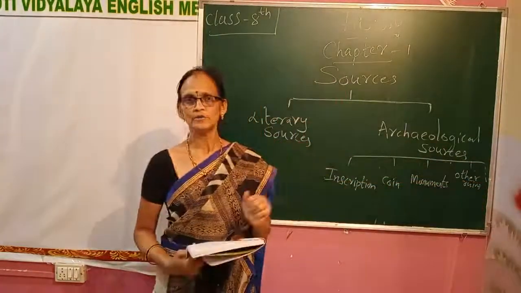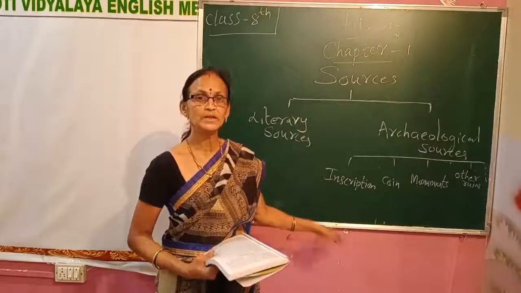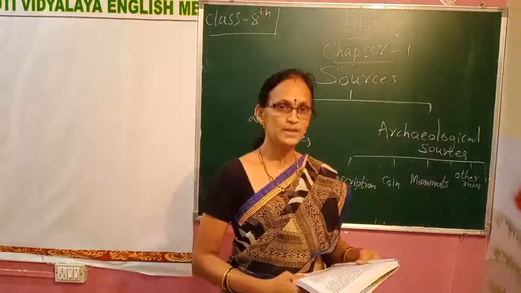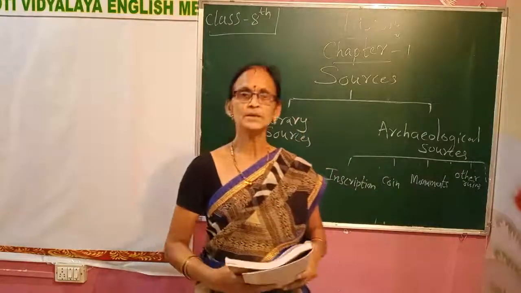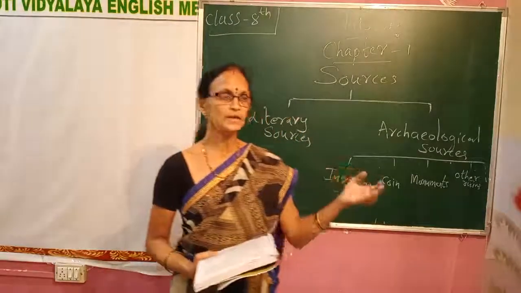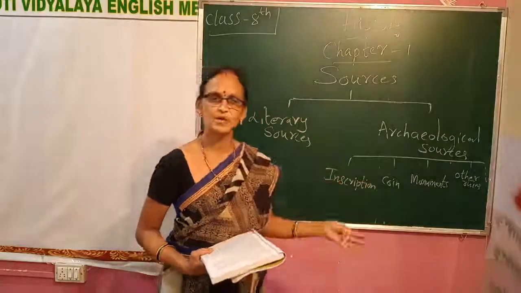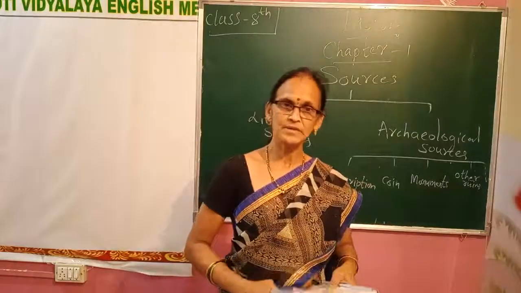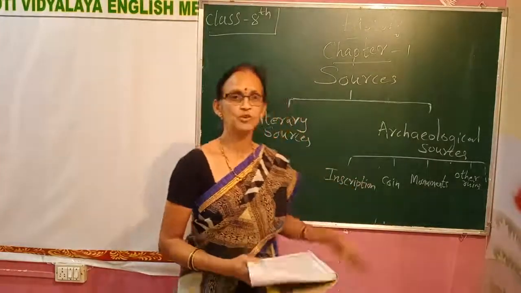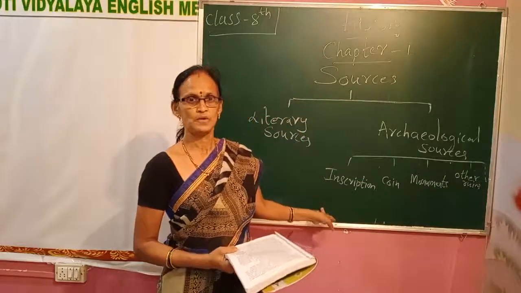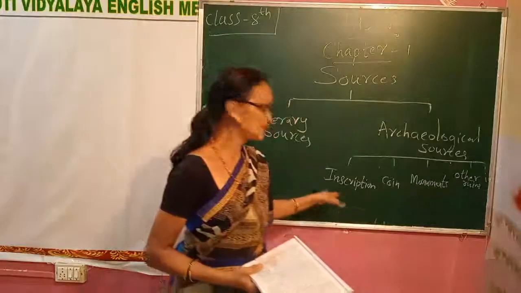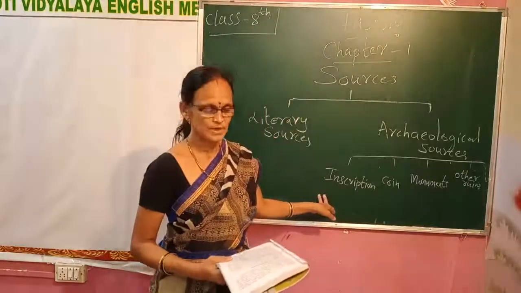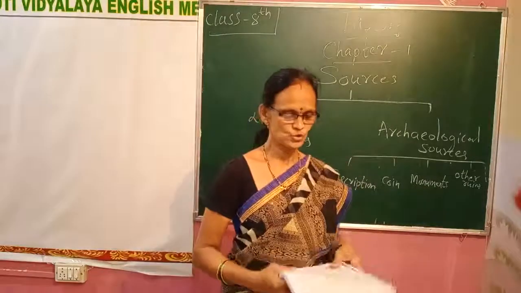We got them from the ground when we dug it for any purpose or for knowing purpose. The process of digging and getting these things is called excavation. When we dig the surface of the earth, we get the remains of the people and the things they used. These are called the archaeological sources.